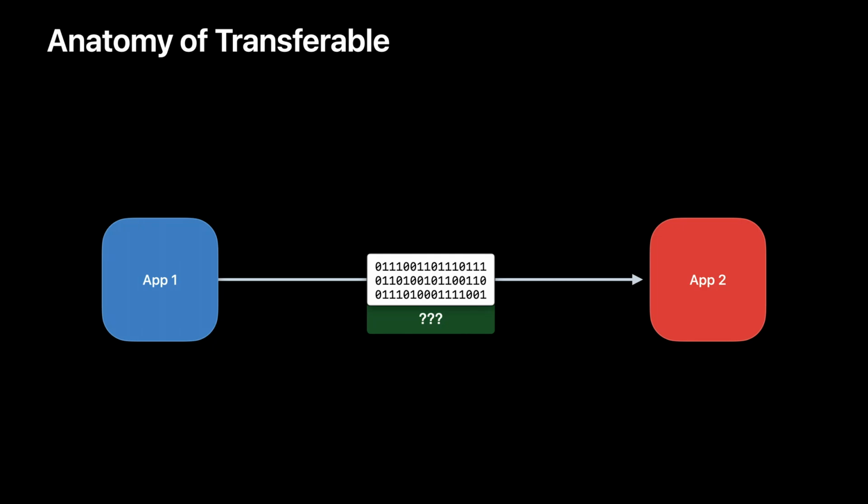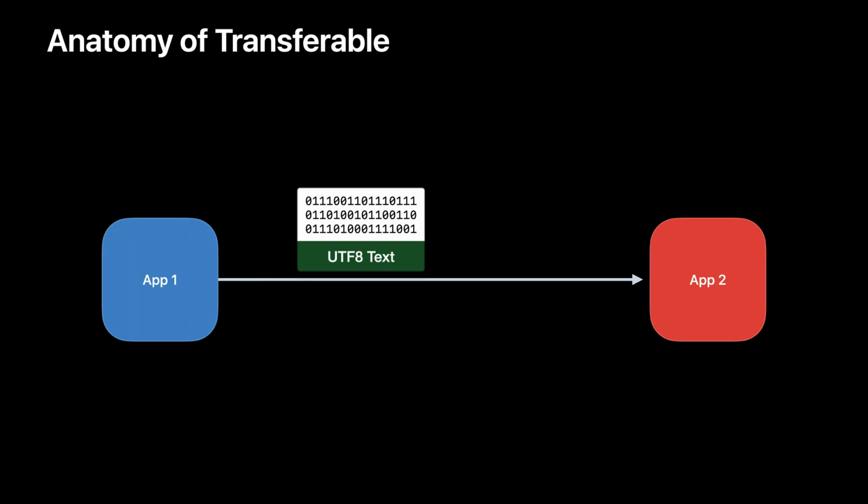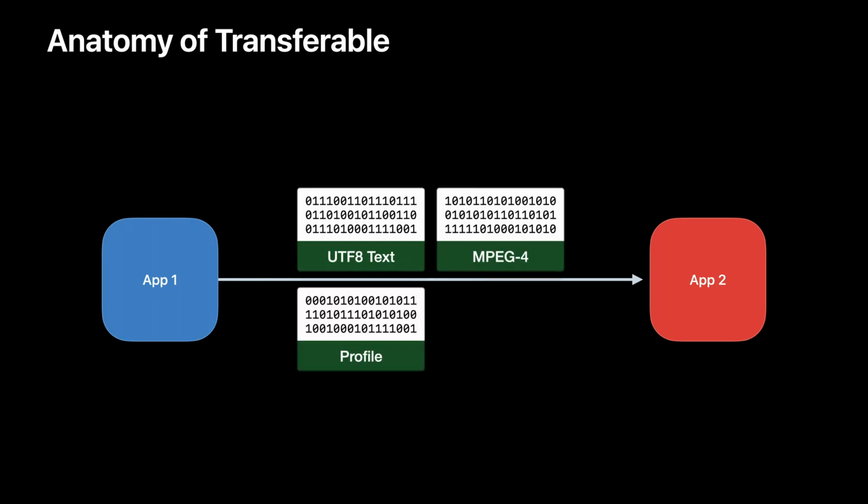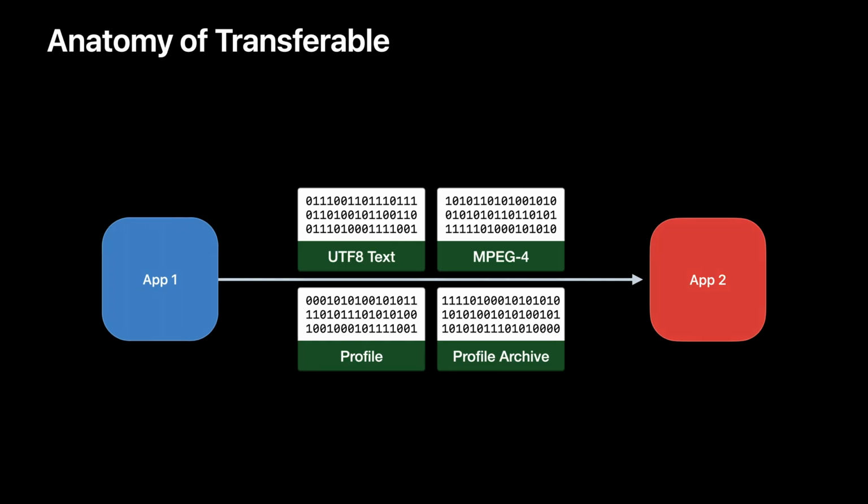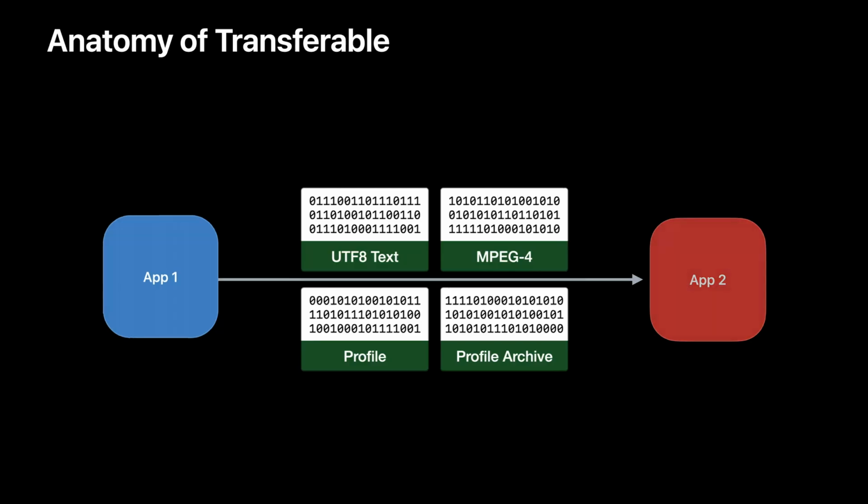An important part of sending this data is determining what it corresponds to. It could be text, a video, my favorite female engineer profile, or a whole archive. And there's the UT type that describes what the data is for. Let's take a closer look at how apps generate this binary data.